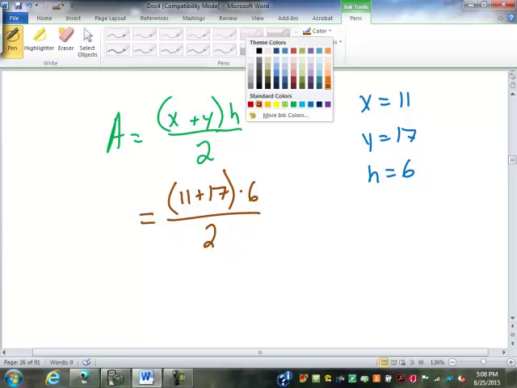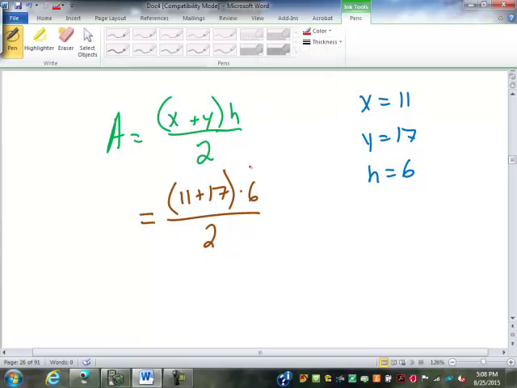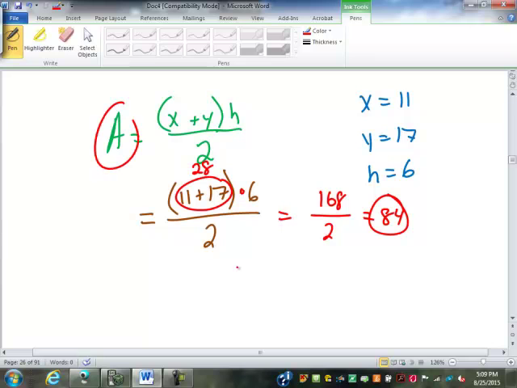So what do we do first? 11 plus 17 is 28 times 6, which is 168. Over 2 makes it 84. 168 divided by 2 is 84. So the A in front of it is nothing. That's just saying A equals 84.